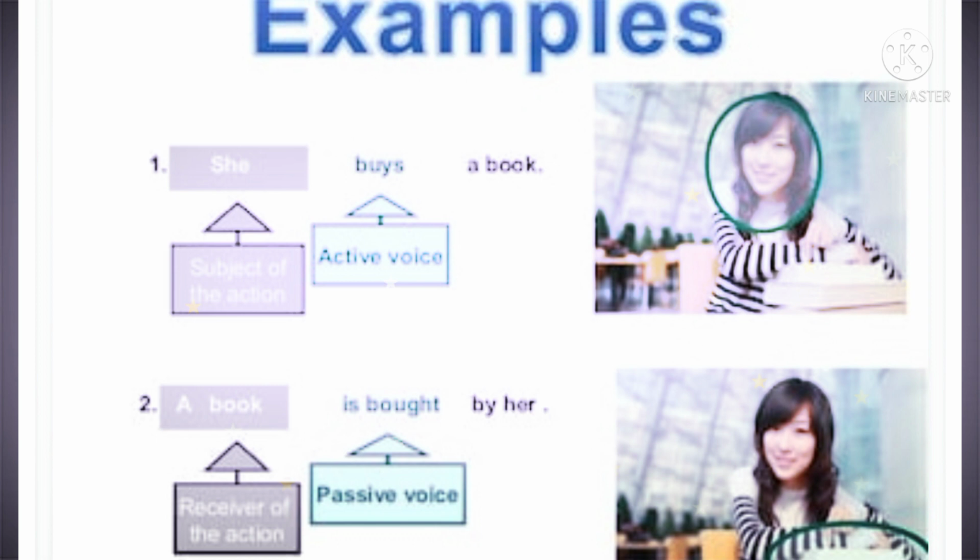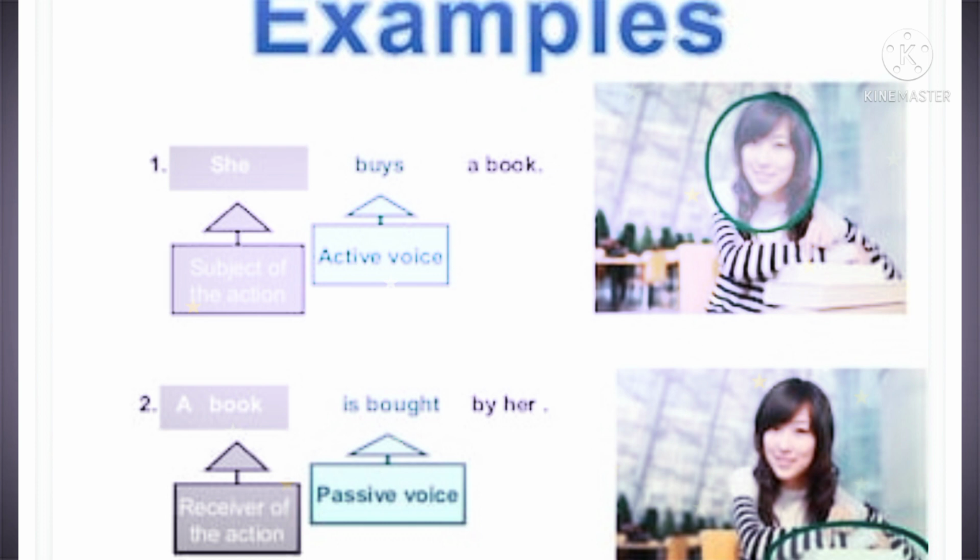She buys a book. See the structure: she subject, buys verb, and buys what? Buys a book. So the verb buys has an object, so it is a transitive verb. So book, what is there in the position of object, will be taken first. A book, then buys only, so there is no auxiliary verb in the sentence.